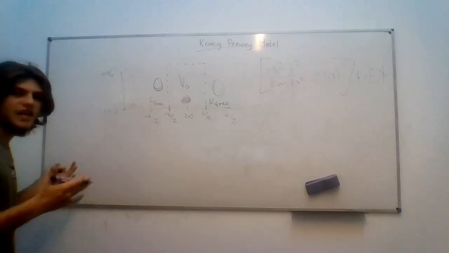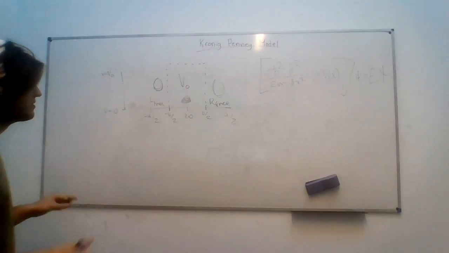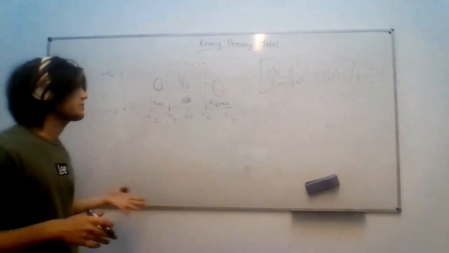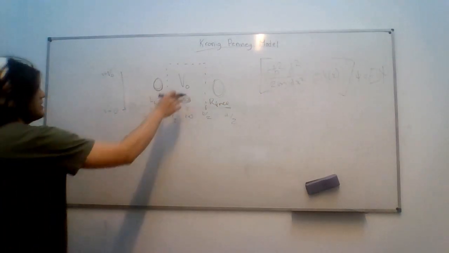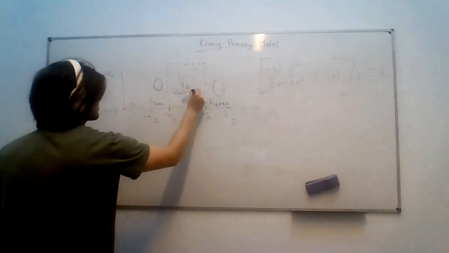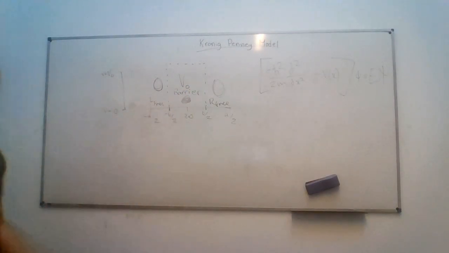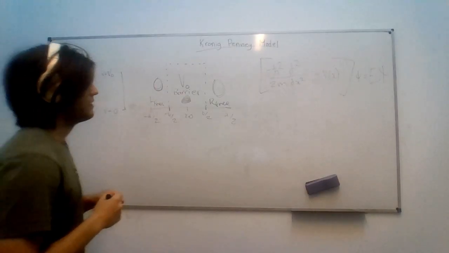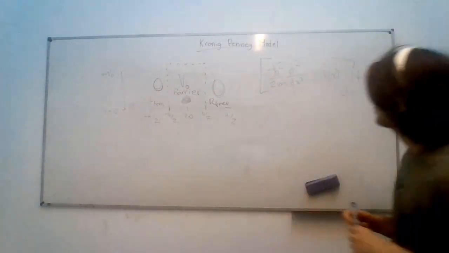Well, it won't act exactly as a free particle, but for the sake of argument, it has the Schrodinger equation of a free particle. And then in the region where we're at V0, we're just going to say that this is our barrier, and it's going to be around the atom. So we have three cases to solve for.